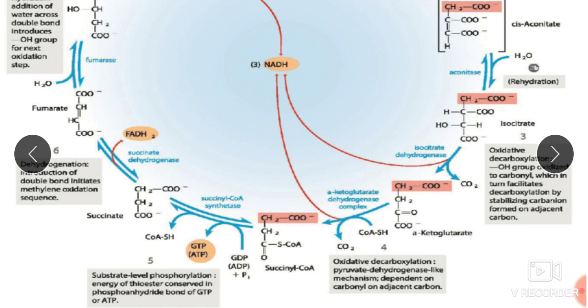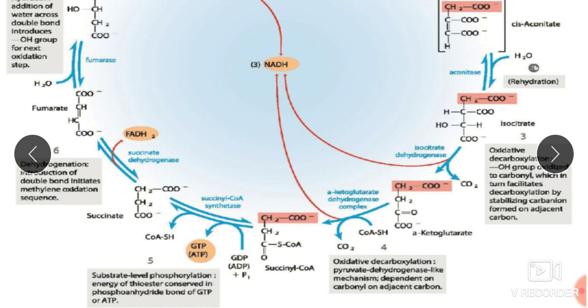The formed succinyl coenzyme A gets converted into succinic acid, and the enzyme catalyzing this reaction is succinyl coenzyme A synthetase, and this is an example of substrate level phosphorylation.